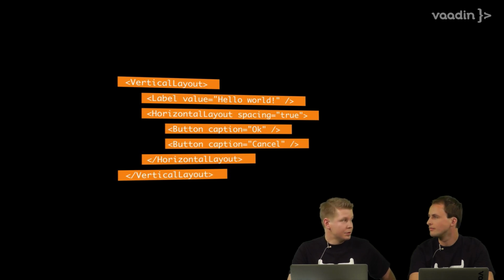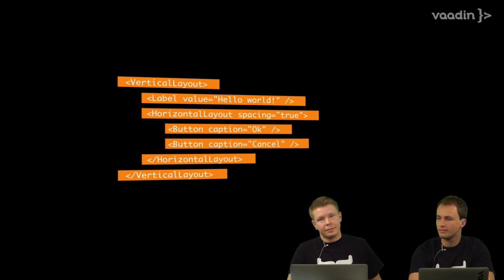For example, designers. Yeah, they are quite often familiar with, for example, HTML. Exactly, and this should be more familiar ground to make changes to the layout. For example, reorder these components or do some other kinds of editing.